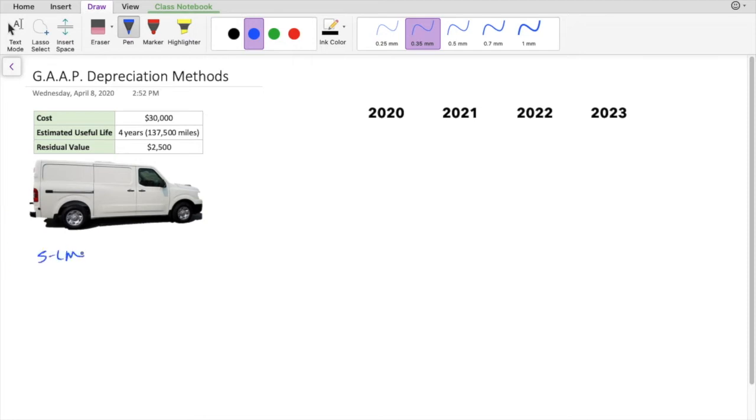The straight line method calculates depreciation expense by taking the cost of the asset, subtracting the residual value, and dividing it by the useful life.